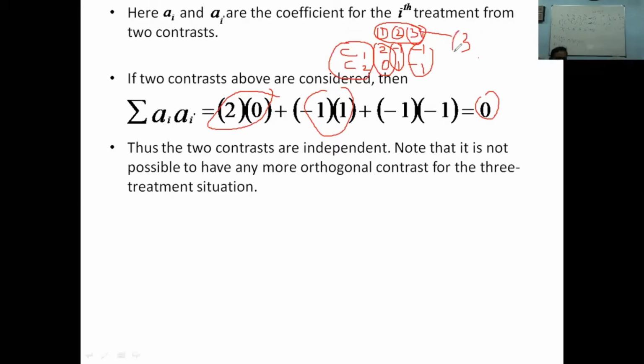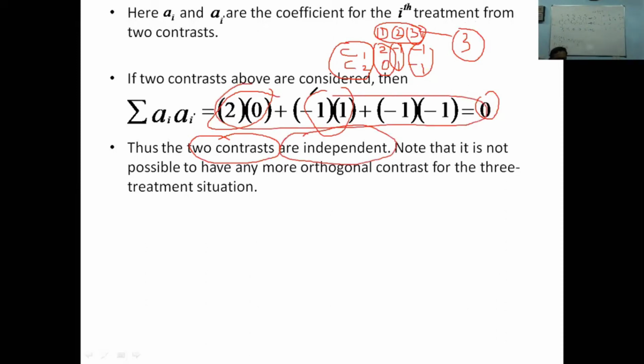So for a 3 treatment case, the maximum we can have is only 2 contrasts, which are independent. This is what shows the independency.